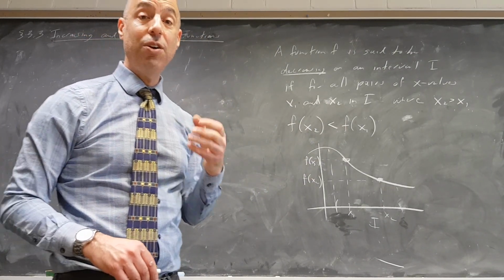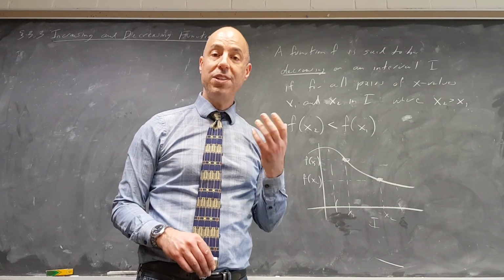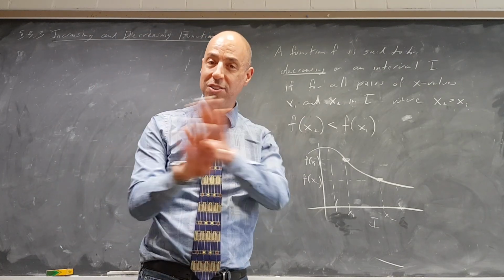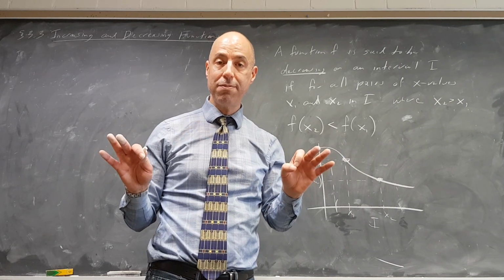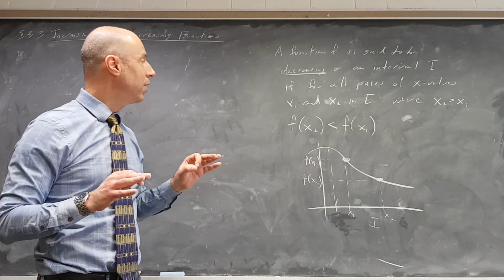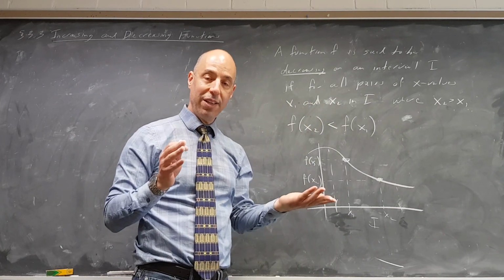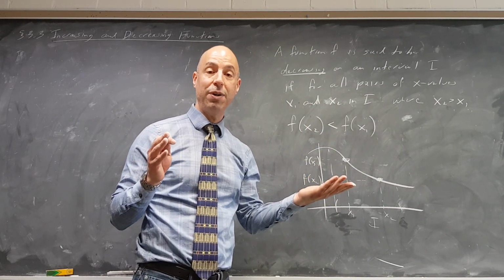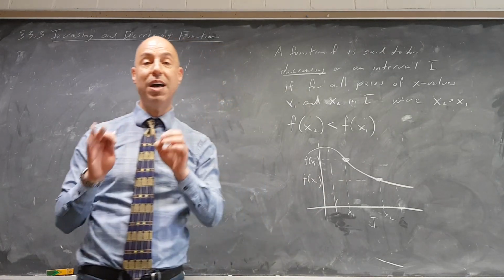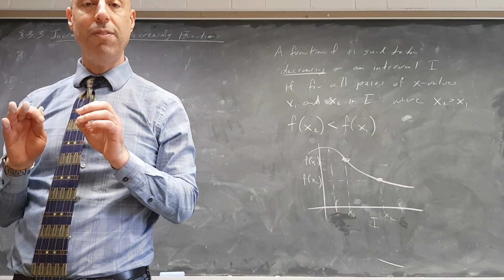If I ask you, say on a test, for the definition of increasing, I don't want to see the word derivative as part of your definition. Instead, I want you to talk about pairs of points and the point on the right being higher or lower, depending on whether we're talking about increasing or decreasing. It does not mention the word derivative.